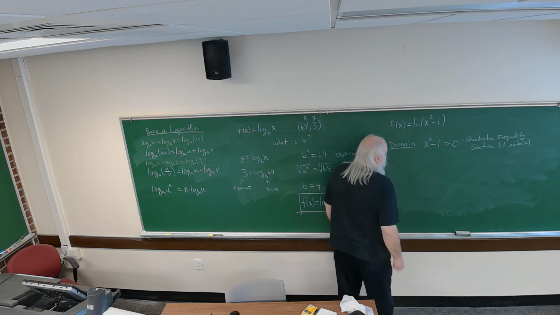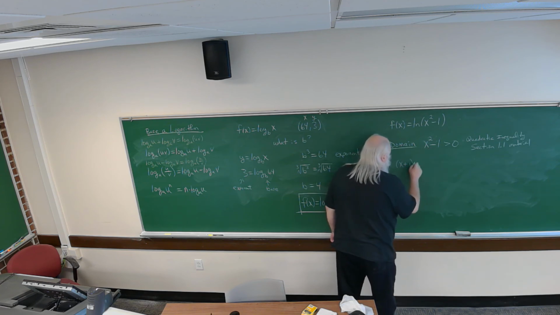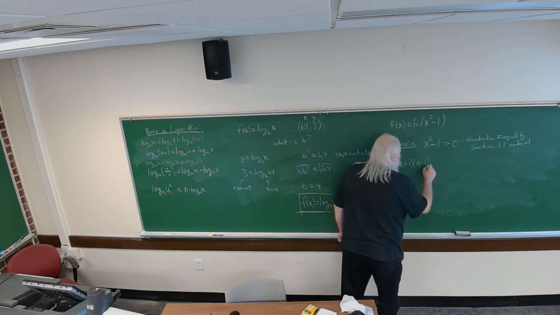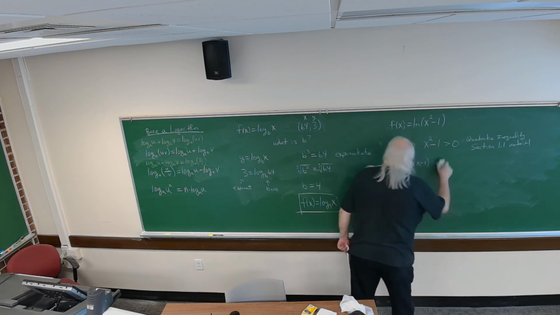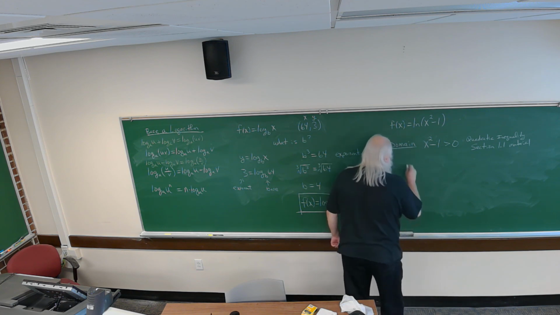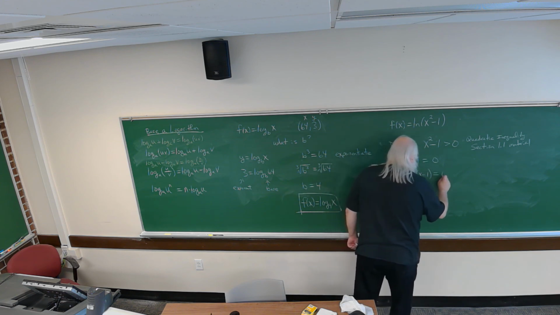So you factor the quadratic on the left, and it factors into x plus 1 times x minus 1. Actually, I left out a step. You set x squared minus 1 equal to 0. And then when we factor, we get x plus 1 times x minus 1 equal to 0.